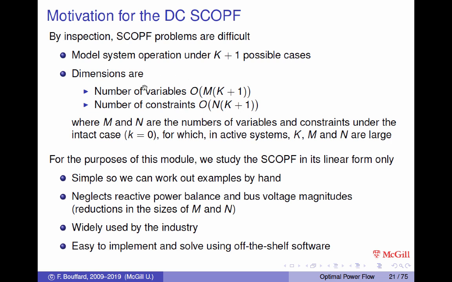To wrap up, we have a model of system operation with k+1 possible states. In terms of dimensions, we have k+1 states and m variables, the same number of variables in every state, and similarly with constraints. If n is the number of constraints, then we have to reproduce those constraints k+1 times.